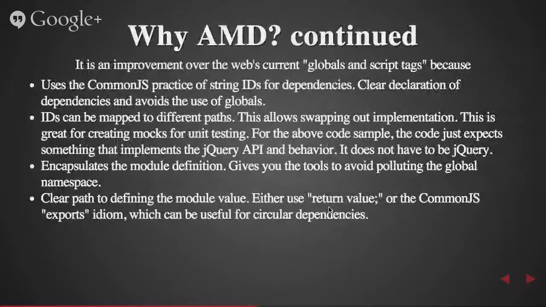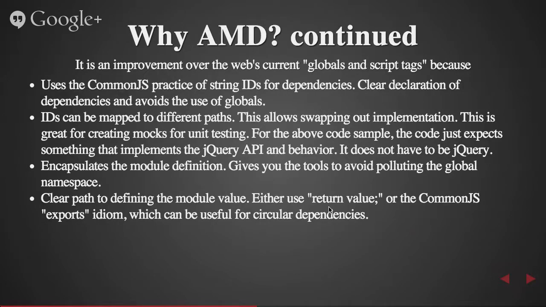Next, it's an improvement over those global scripts and script tags, because it uses the CommonJS practice of string IDs for dependencies. IDs can be mapped to different paths, so you can swap out implementations.